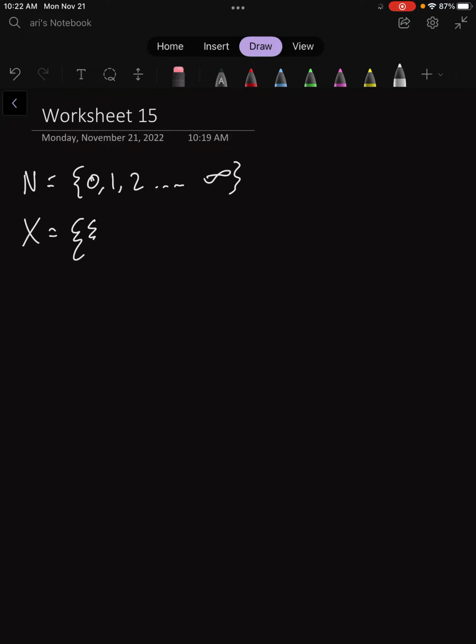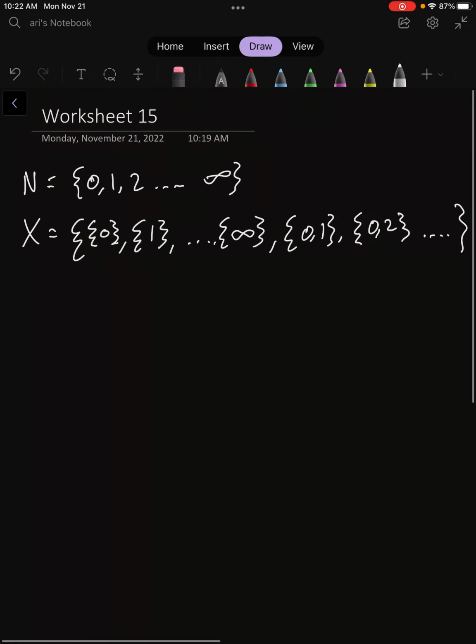So it'll be like this set of 0, 1 to the set of infinity, and then it'll start being the set of two numbers, 0, 1, 0, 2, and it's a really big set. Let's just say that. It's a lot bigger than the set of natural numbers because it includes all the natural numbers, but then it includes every subset of the natural numbers as well. So that is the set that we're working with.